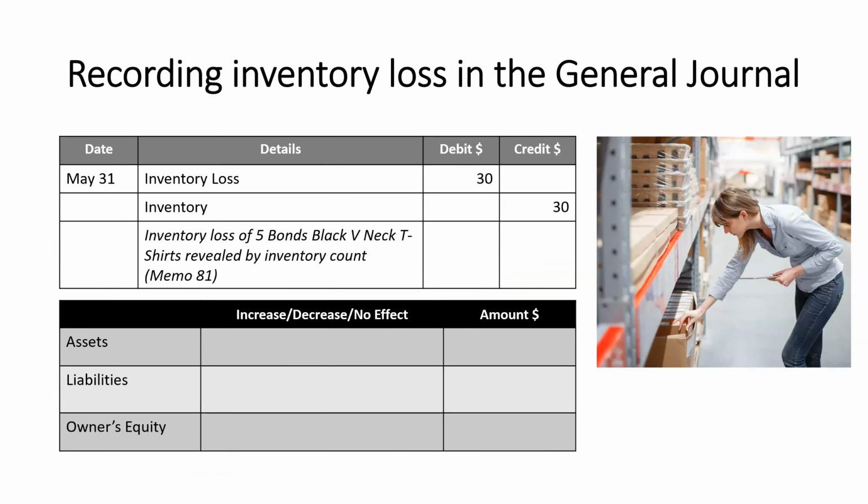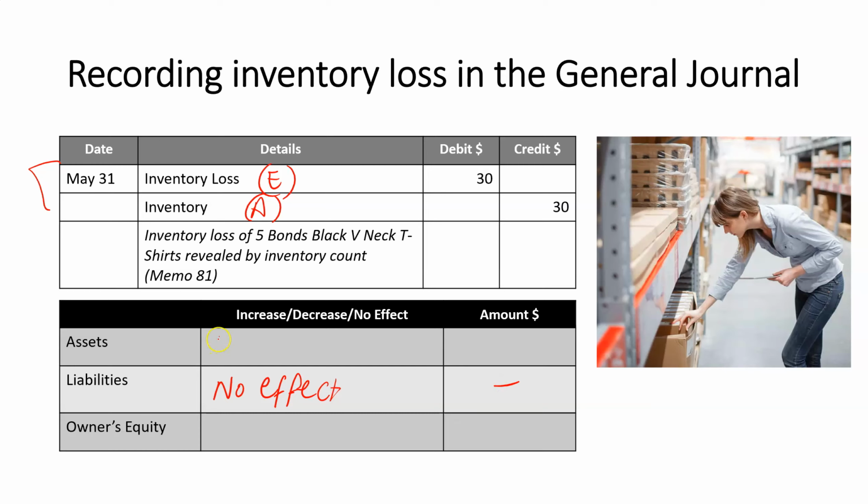So the journal transaction is up here. What's the effect on the accounting equation? It's the same accounts that are affected under identified cost or FIFO. So we know that we've got an expense and we've got an asset. So that means that there is no effect under liabilities.